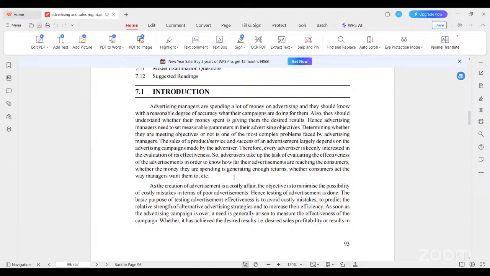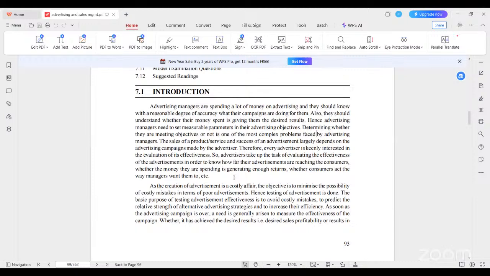Advertising managers are spending a lot of money on advertising. In simple words, advertising effectiveness refers to the degree to which an advertising campaign achieves its intended goals and objectives. It measures how the advertising is impacting the target audience, including their attitudes, perceptions, and behavior.